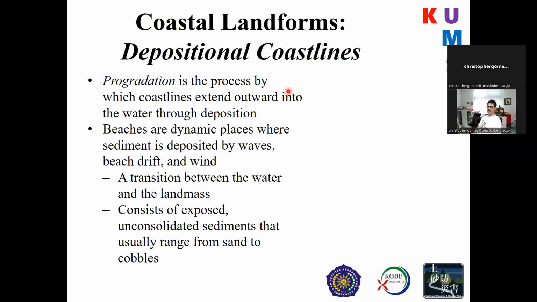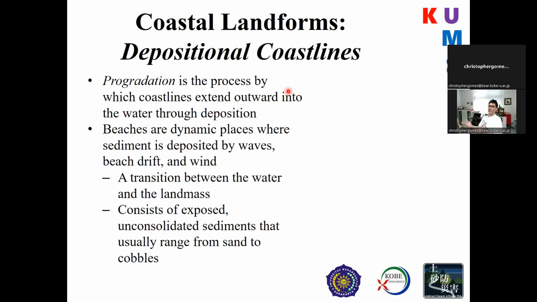Beaches are dynamic places where sediment is deposited by waves, beach drift, and winds. The transition between the water and the landmass consists of exposed, unconsolidated sediment that can usually range from sand to cobbles. So when you think about the beach, it's not actually only sand, fine, beautiful white sand.